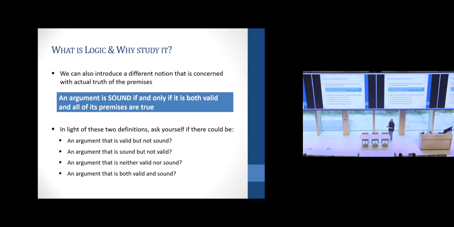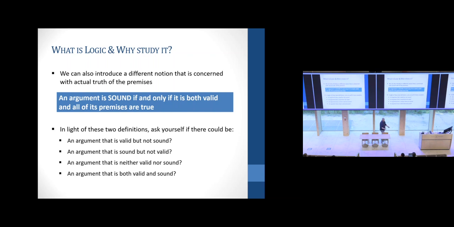Think about its conclusion. Is the conclusion going to be true or false? Or do we need to know more?